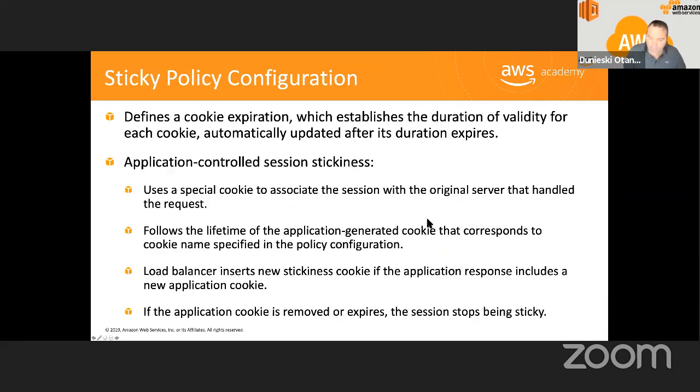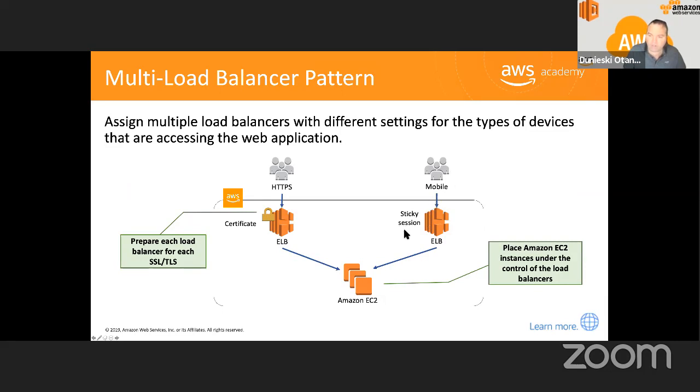Every time they make a request, it will come to the same EC2 instance, because there's a bind between these EC2 instances and the mobile users. So you prepare each load balancer for each SSL or TLS. These are transport protocols, secure socket layer and transport layer security.